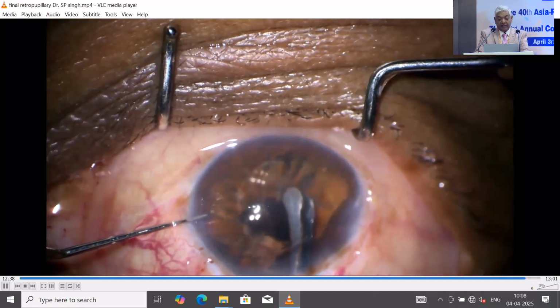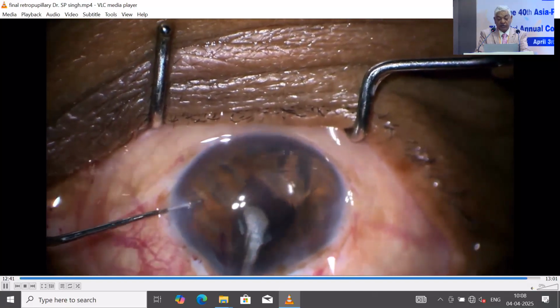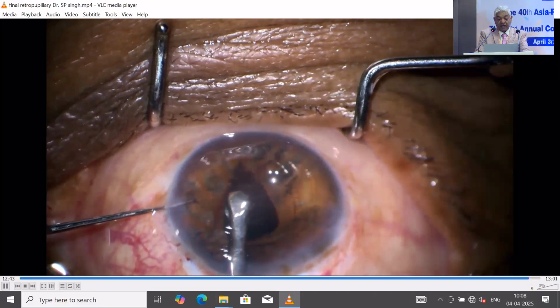So you can see again how to implant even in this situation where the iris is moving.